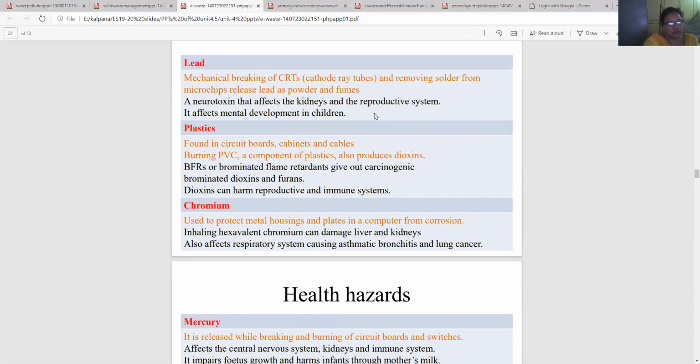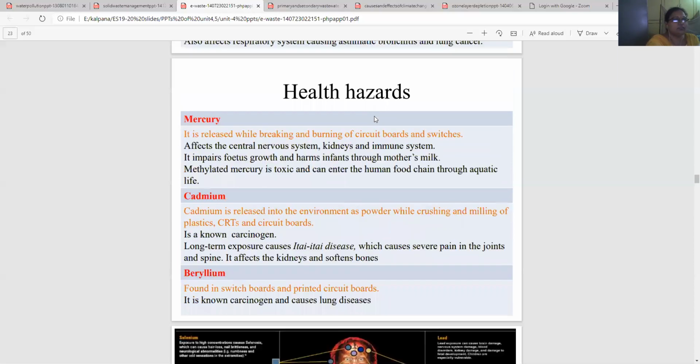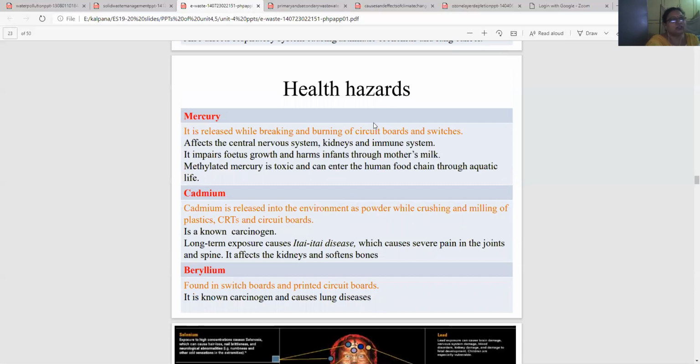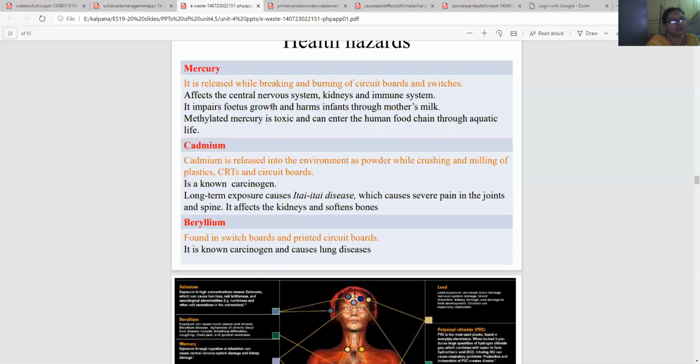Then chromium, found in metal housings and plates in computers to protect against corrosion. It damages our liver and kidneys and affects our respiratory system. Then mercury from circuit boards and switches affects the central nervous system, kidneys, and immune system.